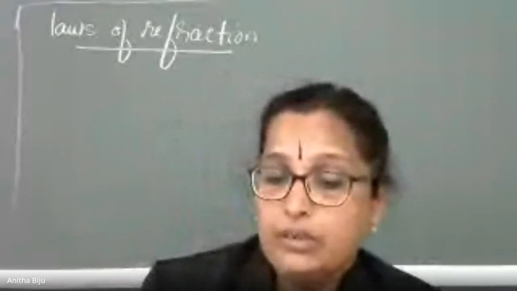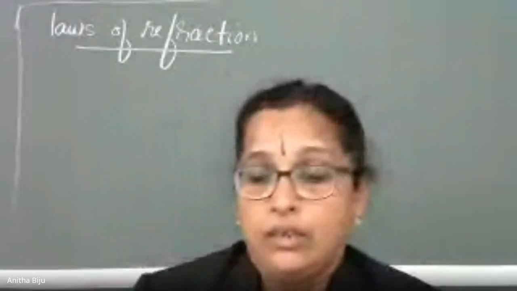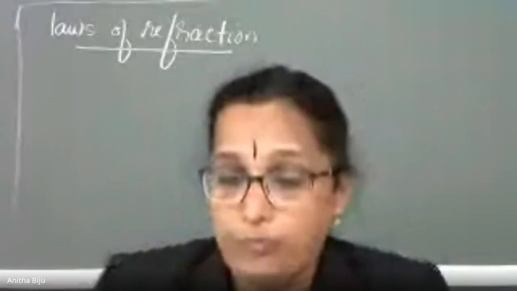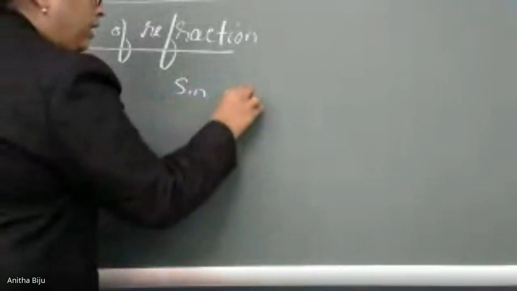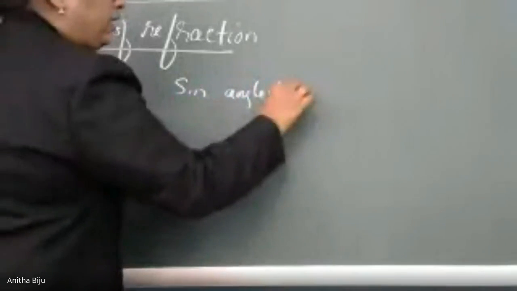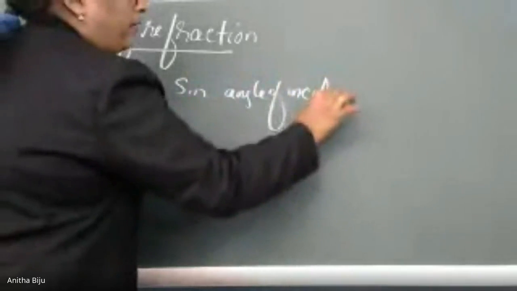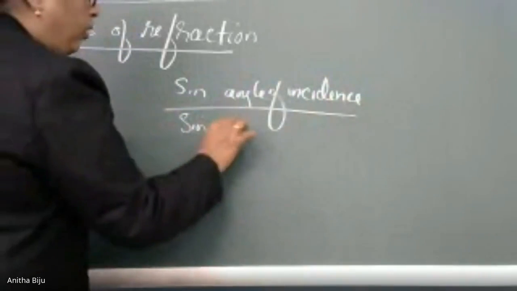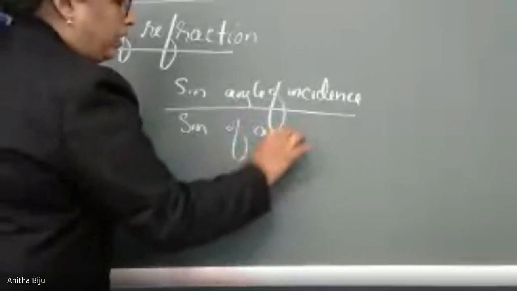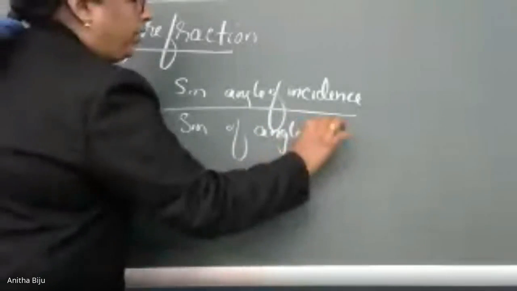So the ratio between sine of angle of incidence, I will write it down, sine of angle of incidence divided by sine of angle of refraction.